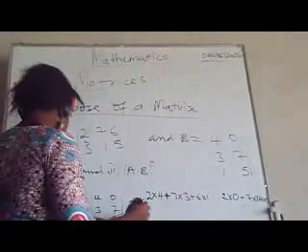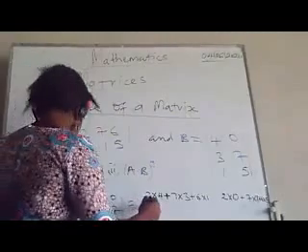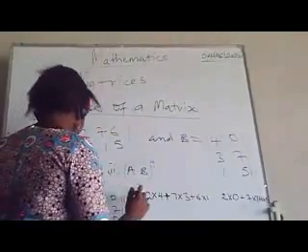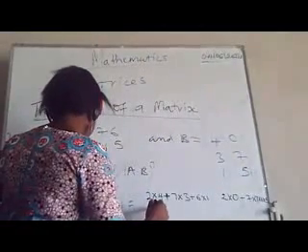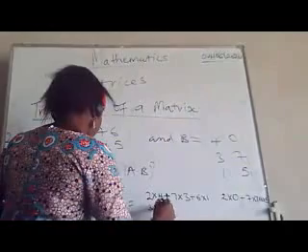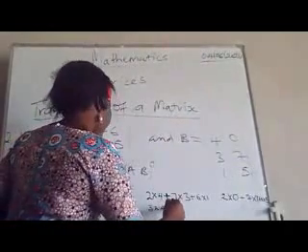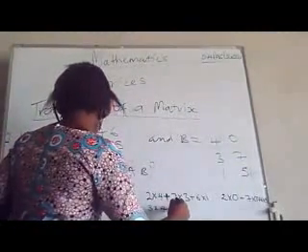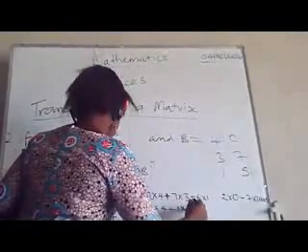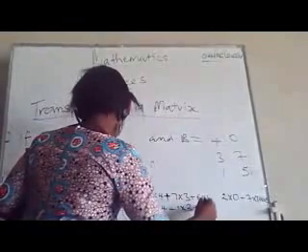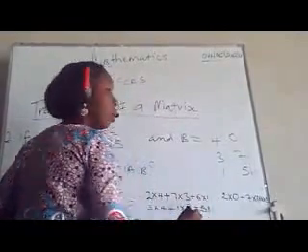So we pick the first number, which is what? 3. To multiply with 4. 3 times 4 plus 1 times 3 plus 5 times 1.